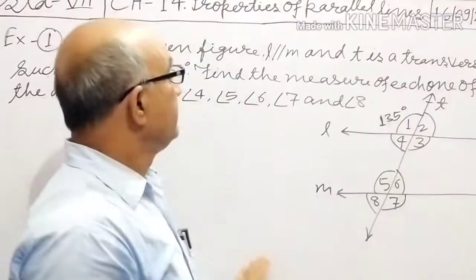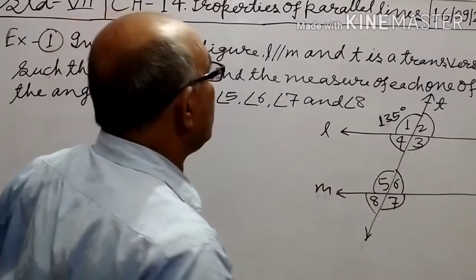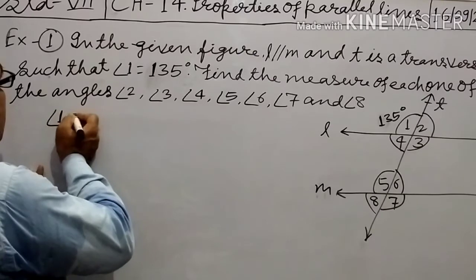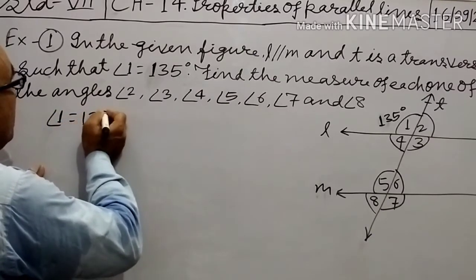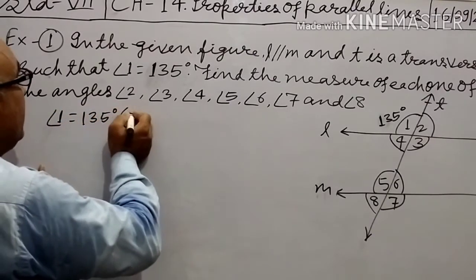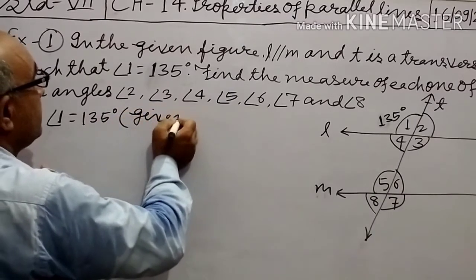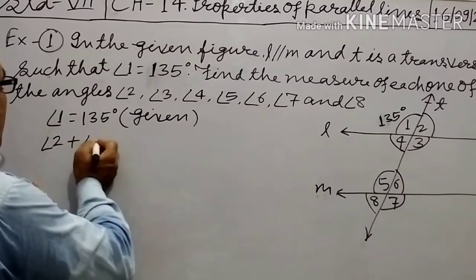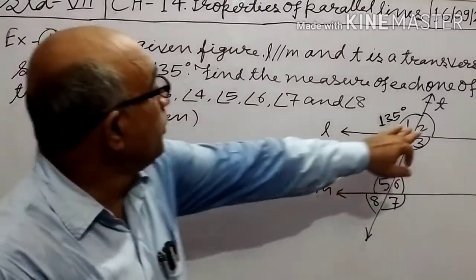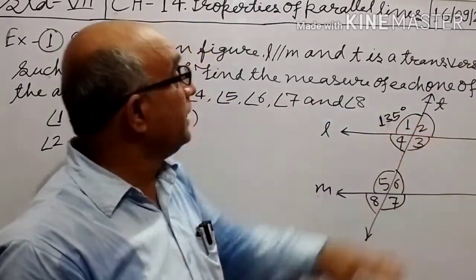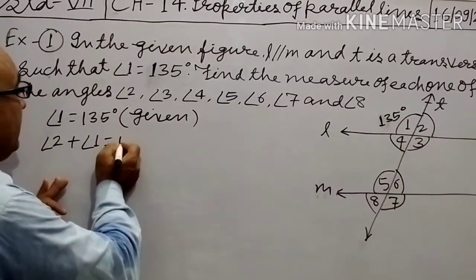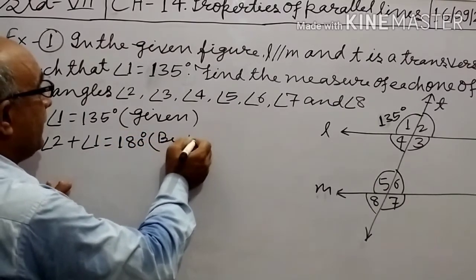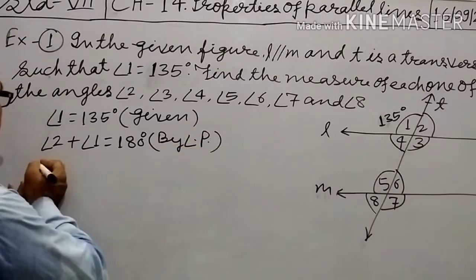Students, angle 1 equal to 135 degrees, given. Now, angle 2 plus angle 1 is a linear pair, equal to 180 degrees, by linear pair.